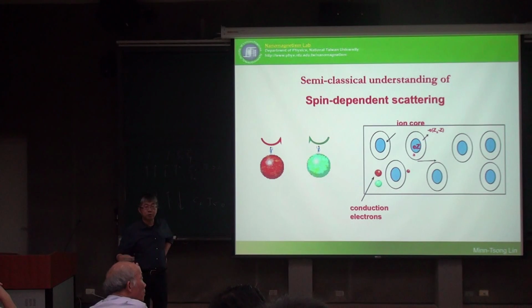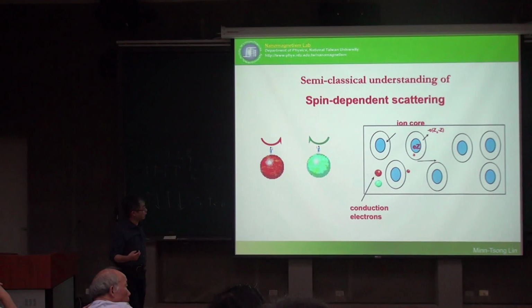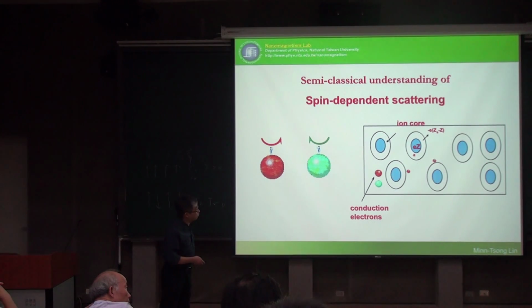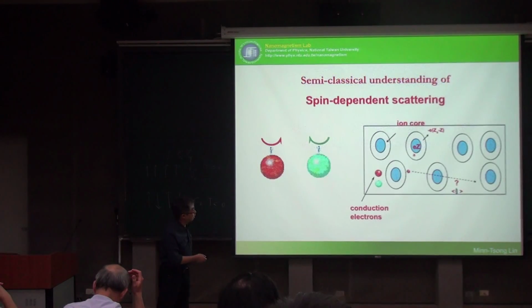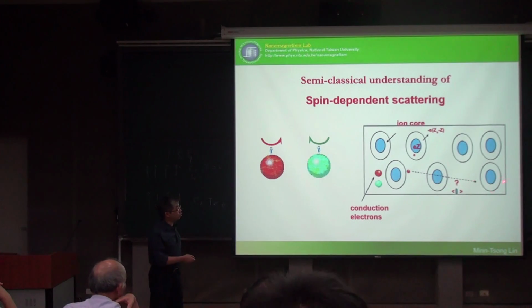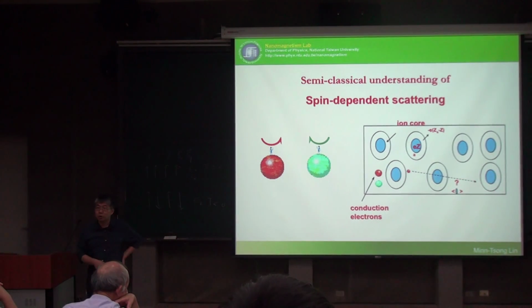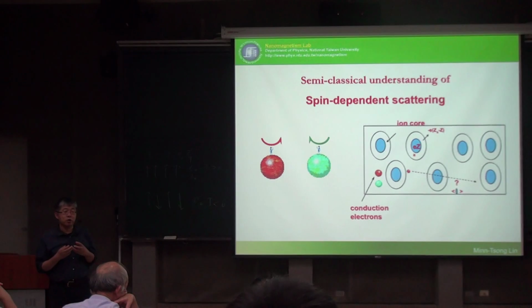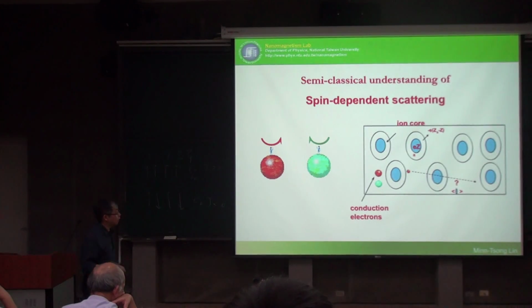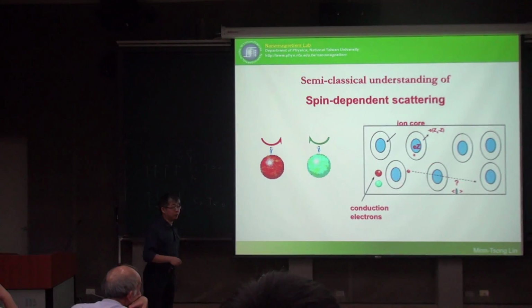So basically the spin cannot be kept at the same value. After many scatterings, in the end you don't know what the spin is on average. You lose your spin memory in this way, because you have spin scattering.